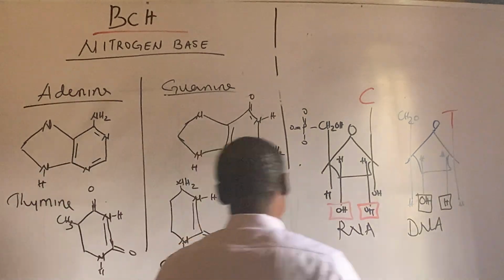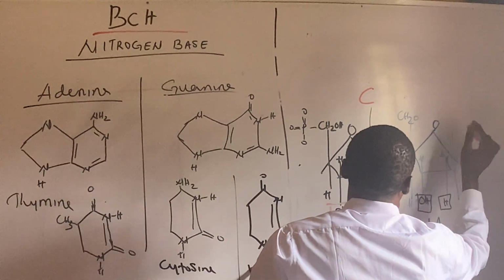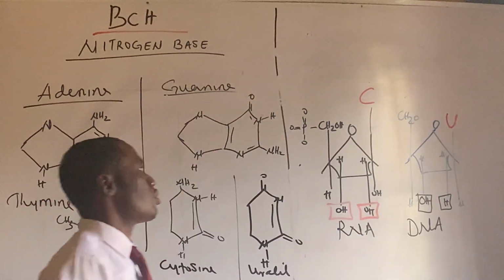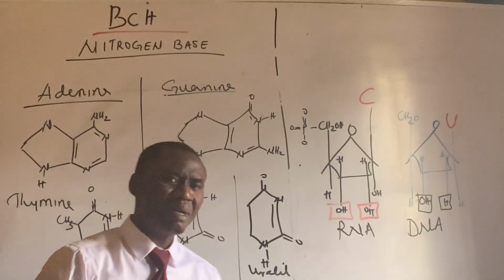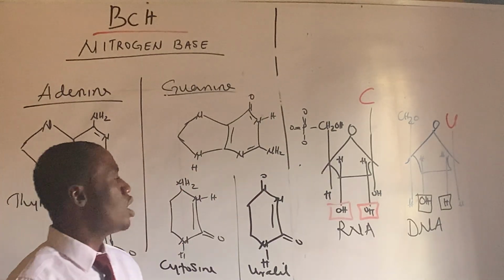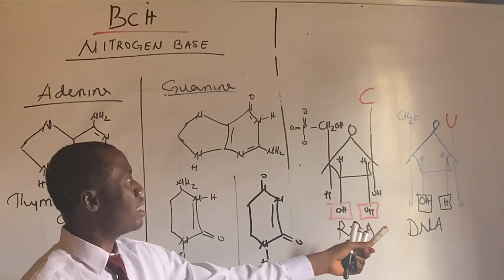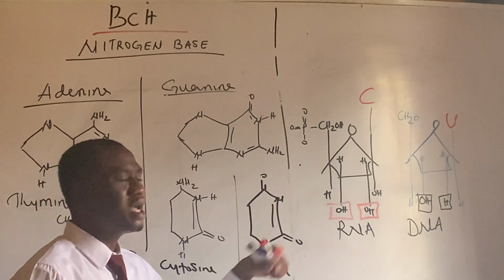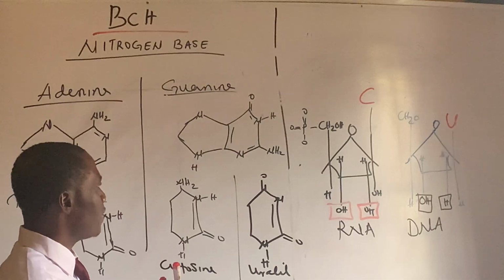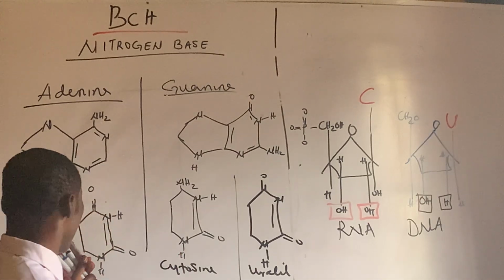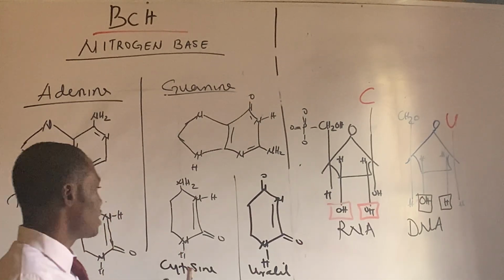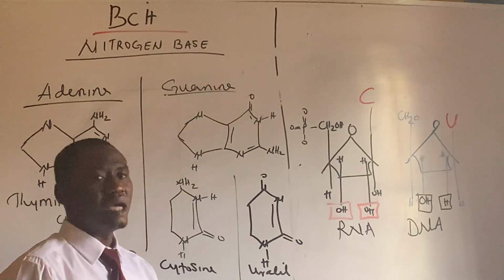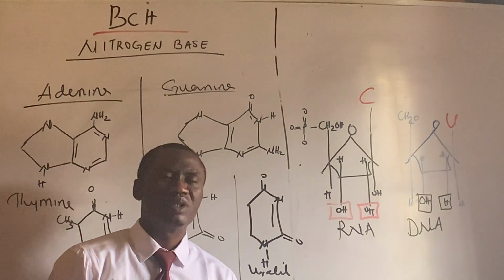Finally, if I remove this and put the U, that will be what? So your assignment now is to go draw the structure of both RNA and DNA, having the base pair. Of course, it should have the phosphate group, having the base pair of what we have not done: thymine, cytosine, uracil. And you tell us the name and you drop it in the comment section.